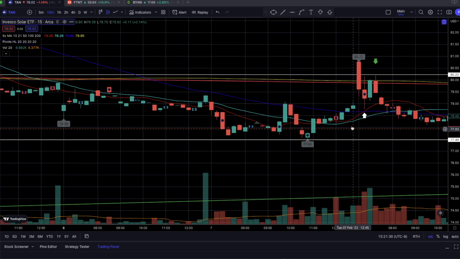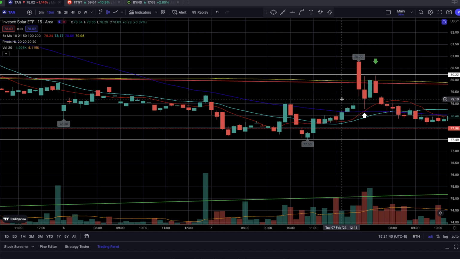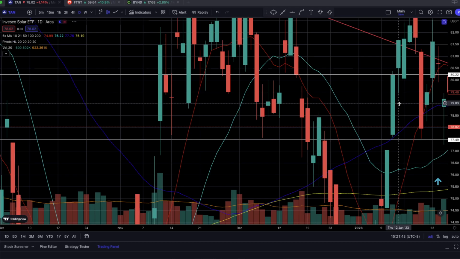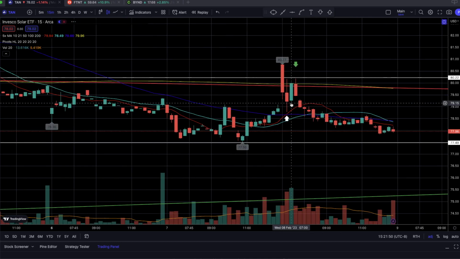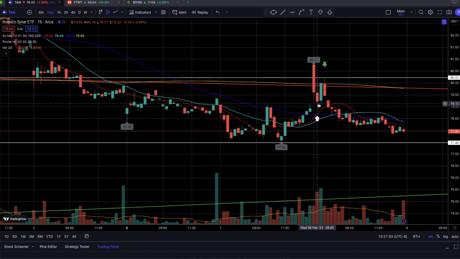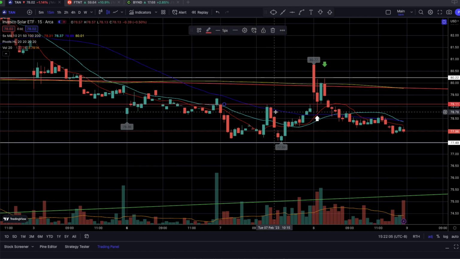And as the price basically bounced away from the 15-minute 10 SMA, which is my red line over here, plus as it bounced away from the daily time frame 50 SMA, we started to rise up higher and higher and higher, eventually breaking over $79, which happened to be an intraday level of resistance from yesterday's price action.